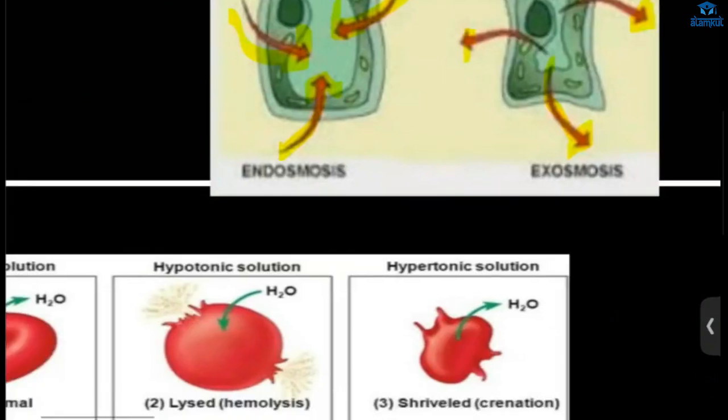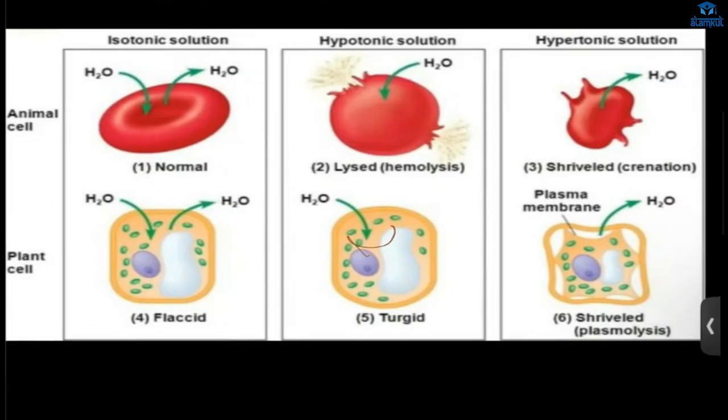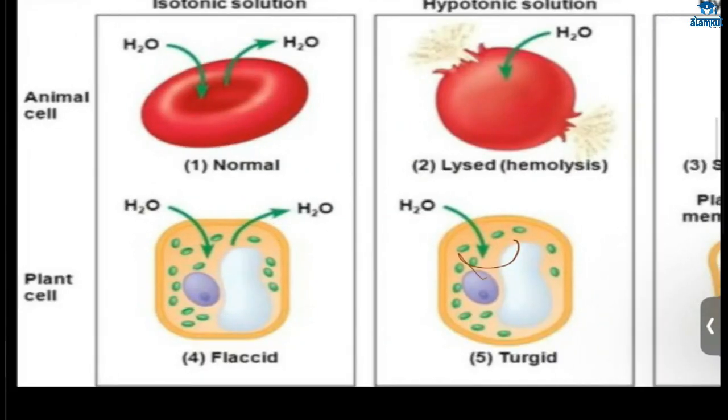And there are three types of solution. First, isotonic solution. Here I have taken two cells, animal cells and plant cells, and both are put in isotonic solution. When the animal cell is put there, what will happen? It will remain the same.